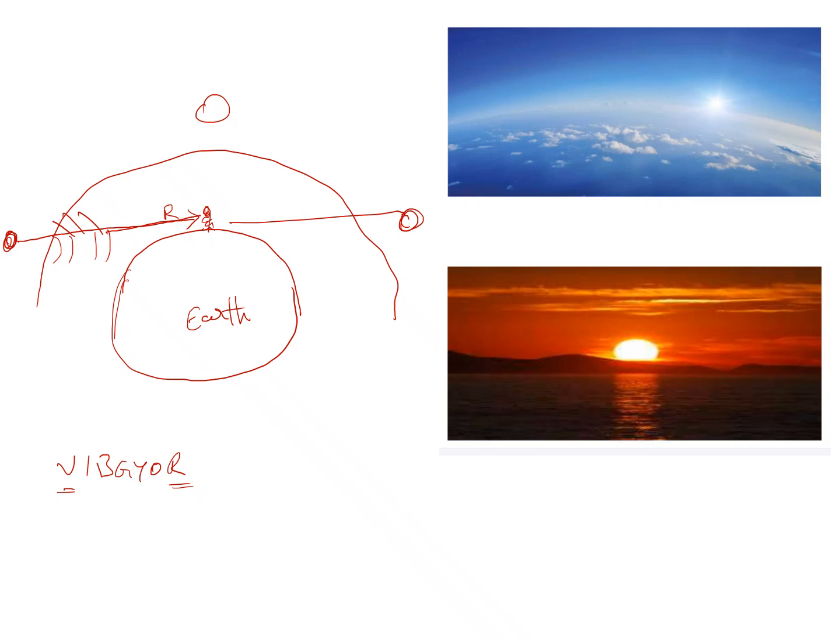So the distance is less, so the blue color will scatter more than the other colors. So the remaining colors will reach our eye. So the sky appears blue.